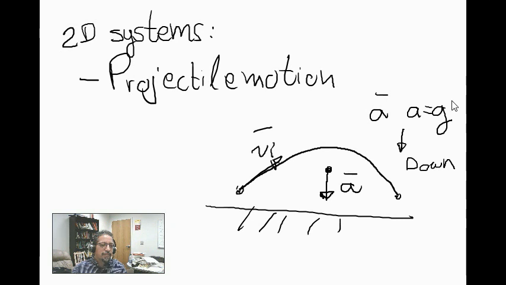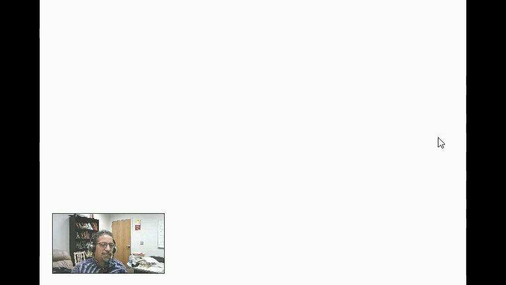Okay. Now, when it comes time to write equations, we first set a system of coordinates, and this is the standard system of coordinates that is often used for these problems.